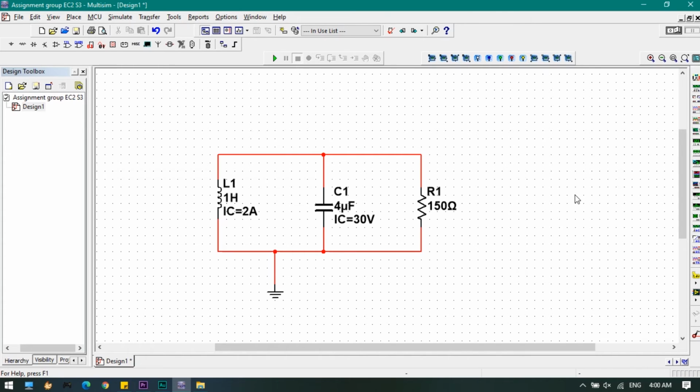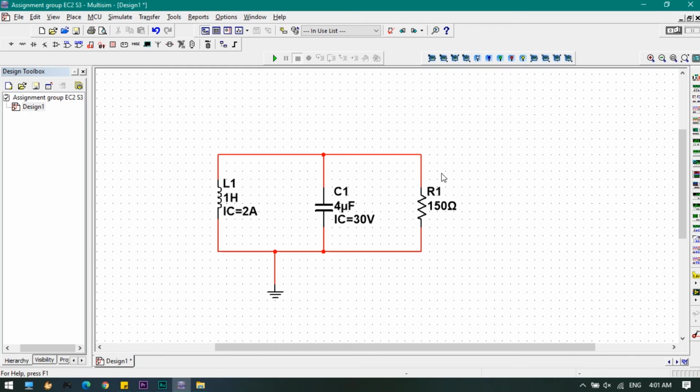Okay, Assalamualaikum, and my name is Ec2, and I will explain how I did the simulation for question number 1. This is the circuit, a pretty simple circuit.